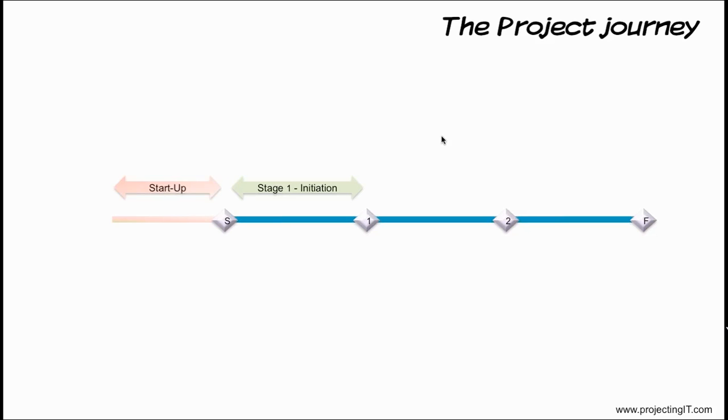The project board will check if we have enough plans in place and if we can manage the risks and changes during the project. The project board will approve the initiation stage and only then will the execution of the project start. The execution will be done in one management stage at a time.